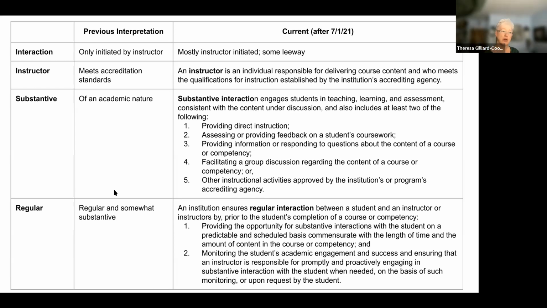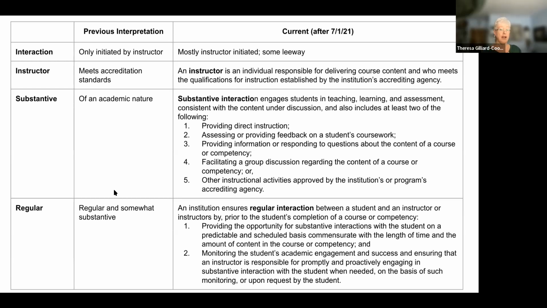So providing direct instruction, which there are questions to the Department of Education regarding how they're defining that, but also providing feedback on student coursework, providing information, responding to questions, being active in group discussions, or other instructional activities approved by the institution's or program's accrediting agency. So you can see they've provided some more guidance to faculty and instructional designers and institutions.